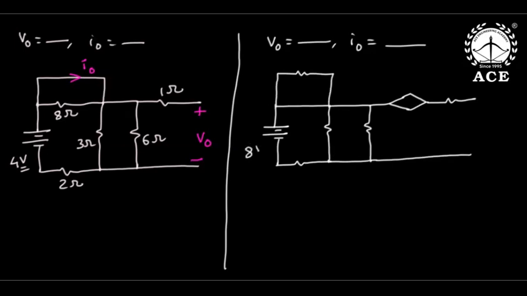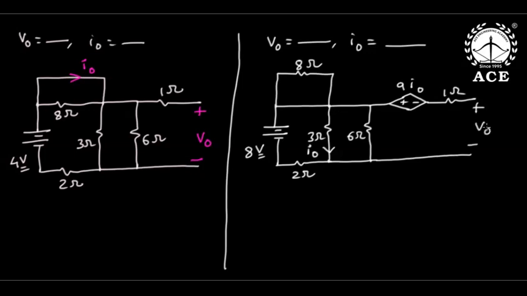So this is 8 volts, this is 8 ohms, this is 3 ohms, 6 ohms, 2 ohms. Now this is I naught, and this will be 9 I naught, and this is 1 ohm, and this is V naught.